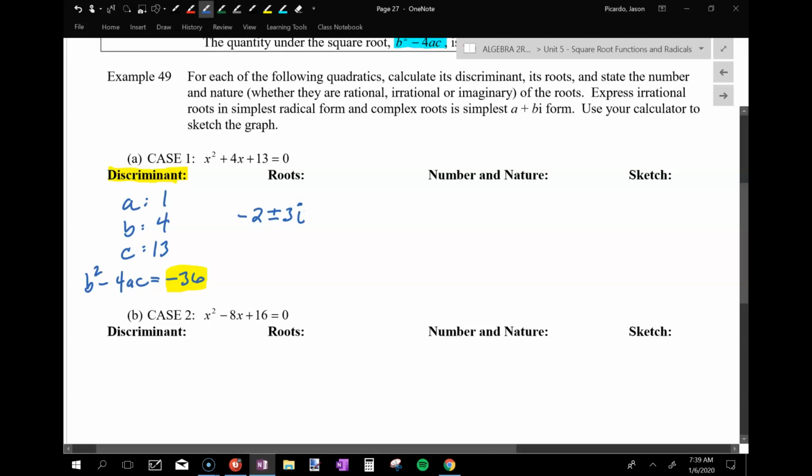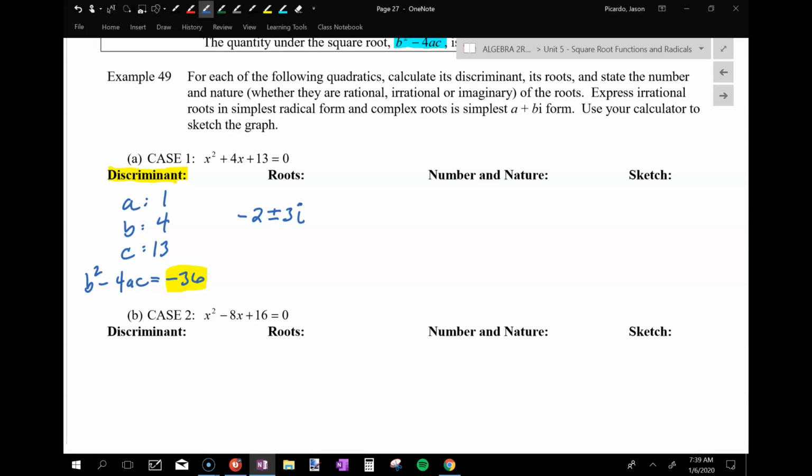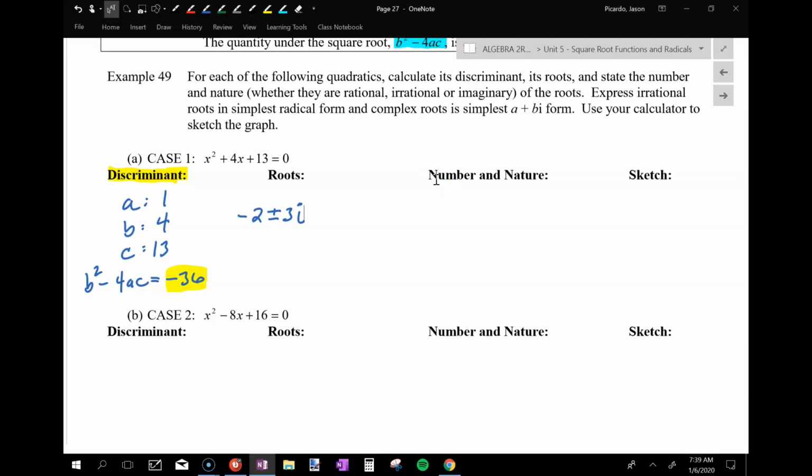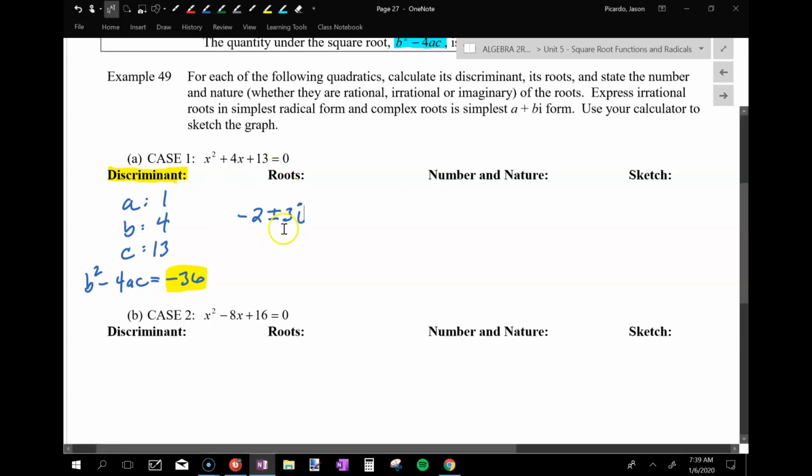All right, now, this is where we're going to have a conversation about what these words mean. The first question is this. How many roots are there? Now, when I ask you that question, it appears that there are 2 of them, right? But they are 2 what kind of roots? Imaginary roots, right?